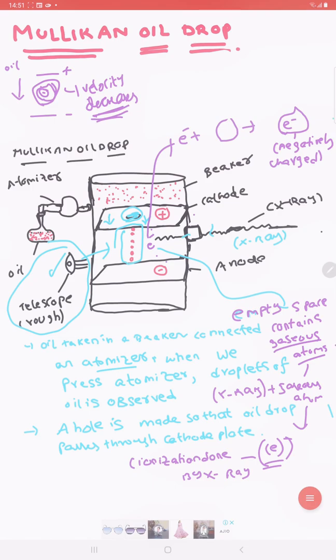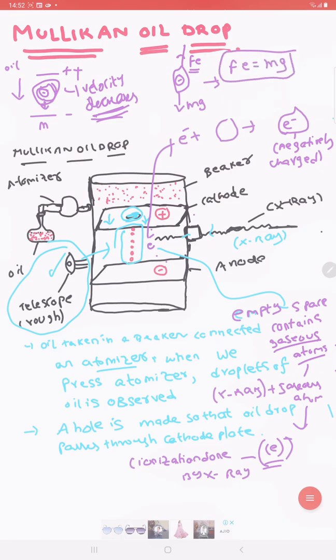And it resists. See, this is mg. I'm taking the oil drop, negatively charged. This is mg, right? Its motion, and this is the attractive force, Fe. And now at some point of time Fe would be equal to mg, right?